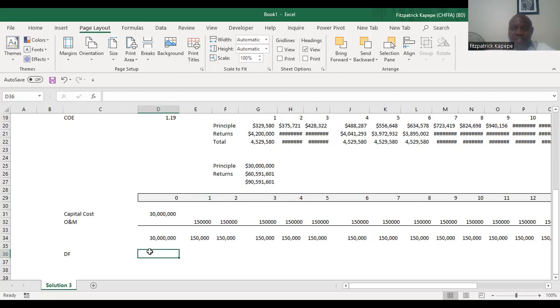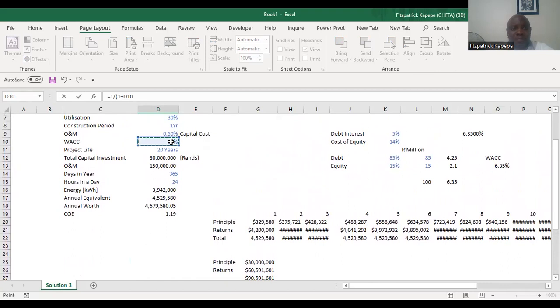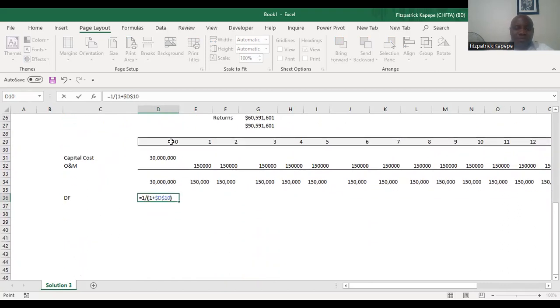So from here, the discount factor, this is how you do it. It's 1 divided by 1 plus your cost of capital, which is this number, to the power. If you get confused with the power, just tell me, then I'll show you how you can do it easily without putting these powers.